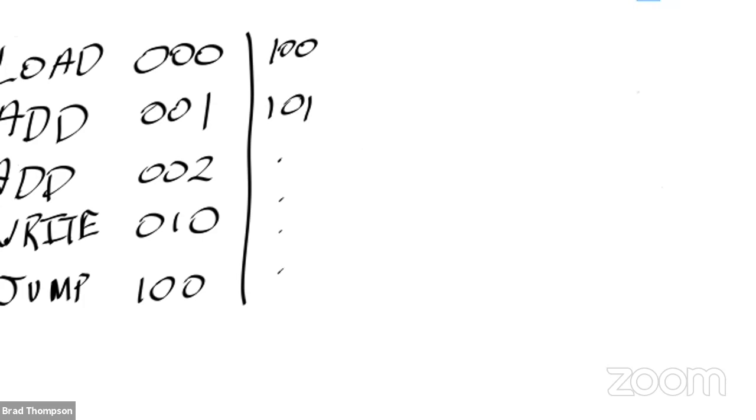So this program right here is just going to do this simple addition problem over and over and over again. I'm going to load a number into memory, add another number, take the results of that addition and put it somewhere else in memory, and then jump back to the beginning and do this over and over again, which is not super useful, right?